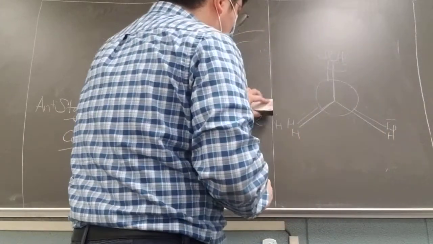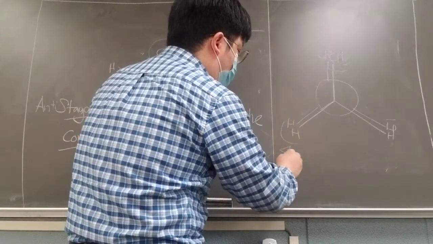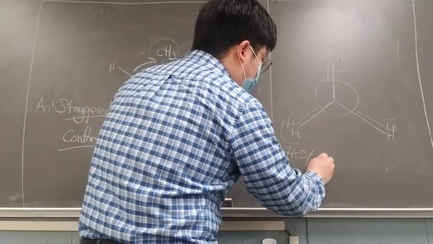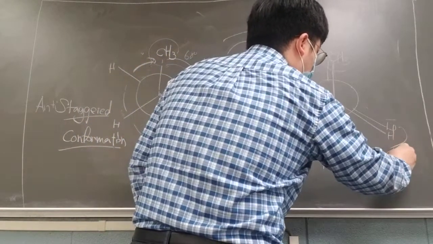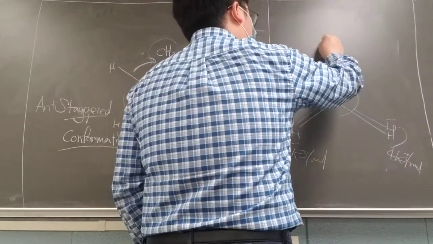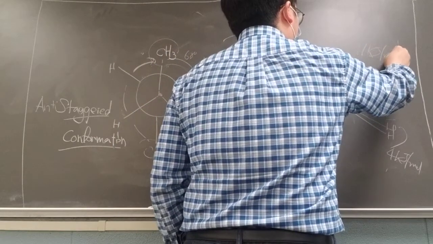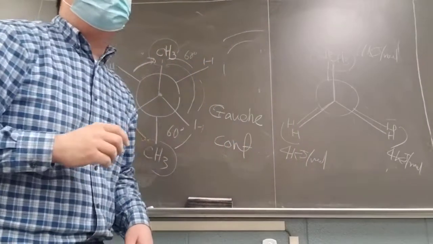Okay, so in this case, I'm sorry. In this case, we know those two hydrogens are 4. This is the 4. Okay, and this one is 11. I think I already explained enough why.